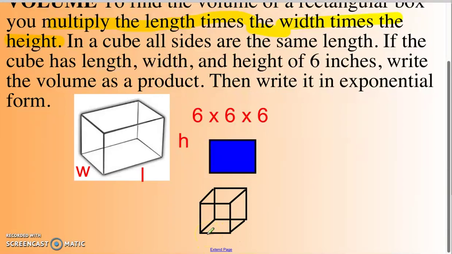Basically, then if I am multiplying the length, the width, and the height, they're all equal in length. And so in our problem it says if a cube has length, width, and height of 6 inches, that means the length is 6, the width is 6, the height is 6. It says write the volume as a product and then write it in exponential form.